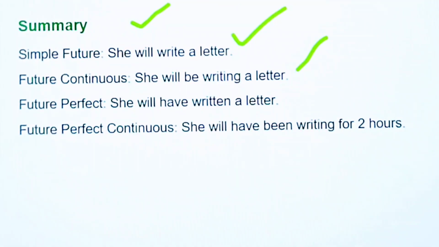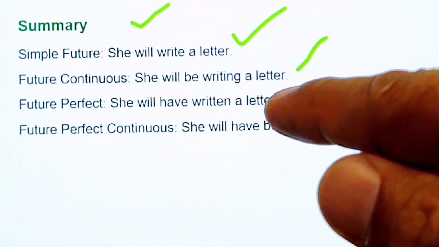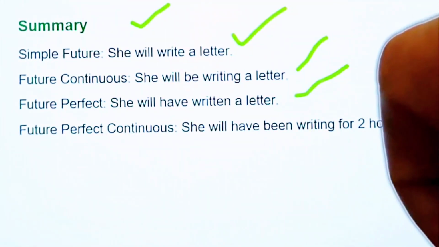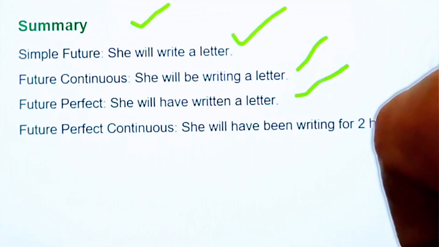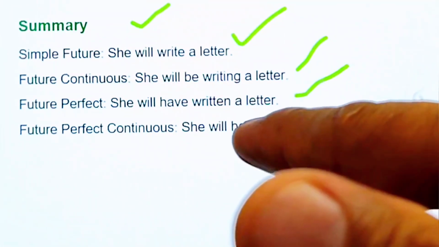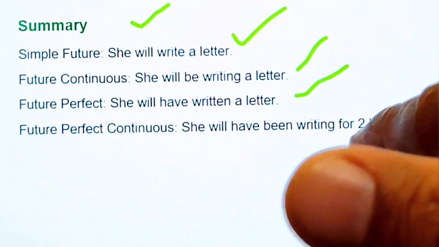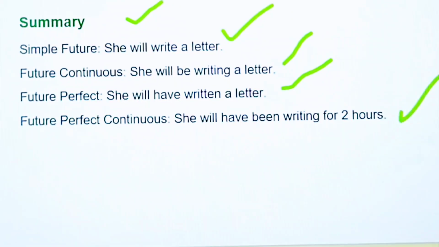And for future perfect: she will have written a letter. And if we have future perfect continuous tense, that time the example will be here: she will have been writing for 2 hours. This is a quick recap of all these tenses.